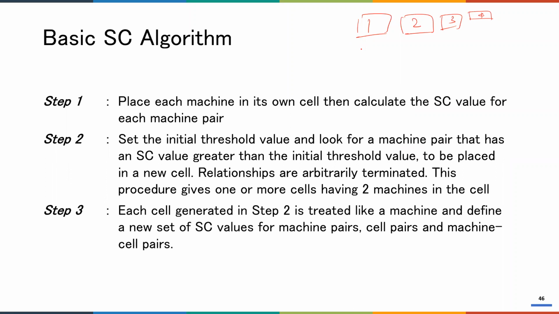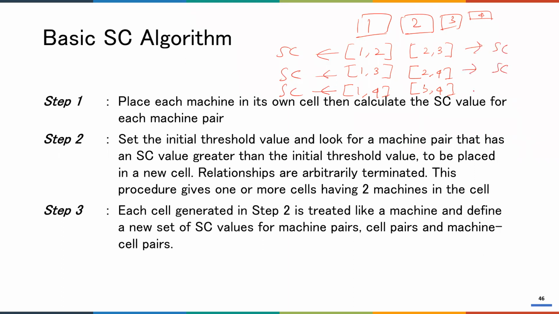For example, we will have machine pair 1 and 2, 1 and 3, 1 and 4, 2 and 3, 2 and 4, and 3 and 4. So the calculation is quite easy because you have a small number of machines here. We need to calculate all the similarity coefficients for these pairs.